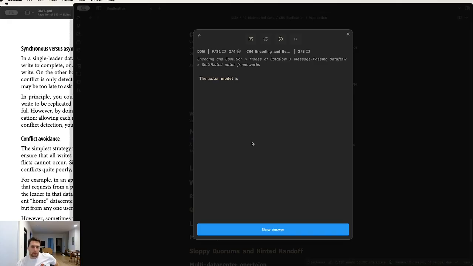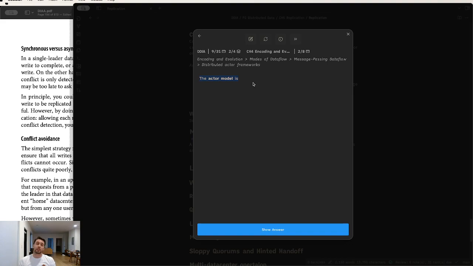The actor model is where each actor has its own state, isn't aware of the other.